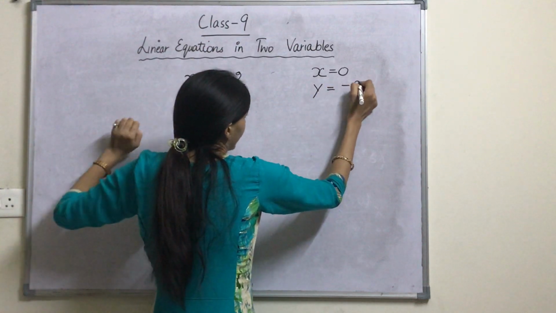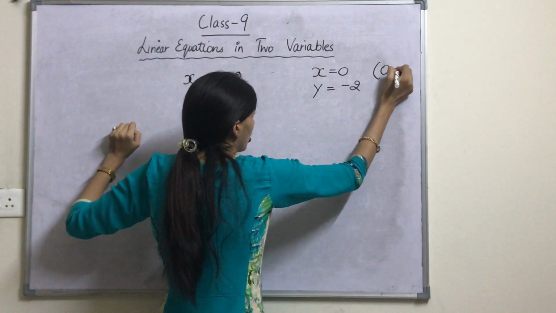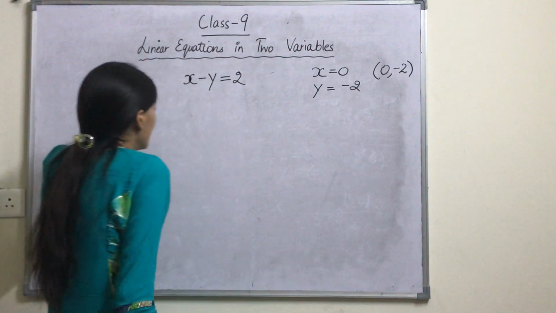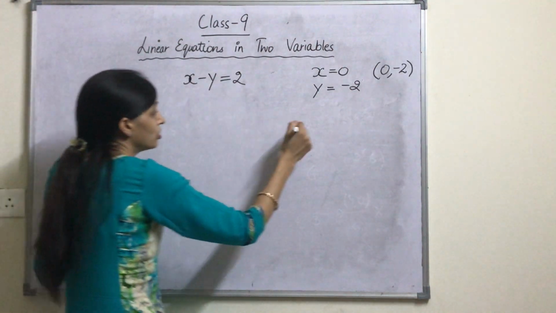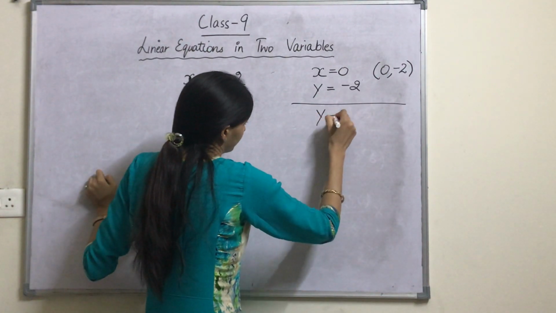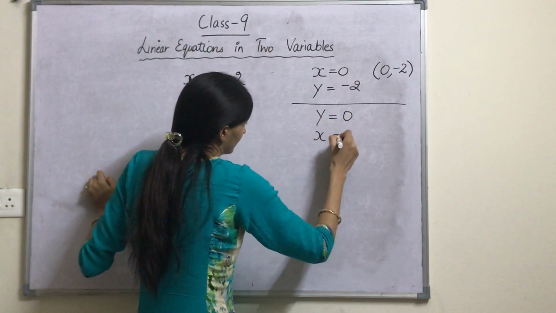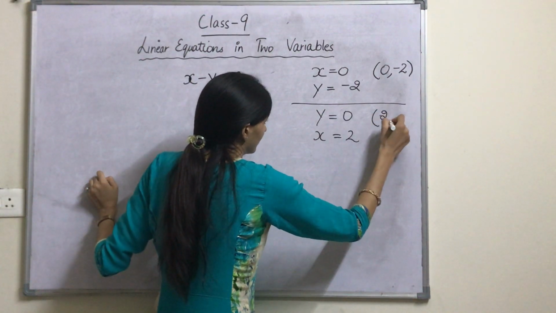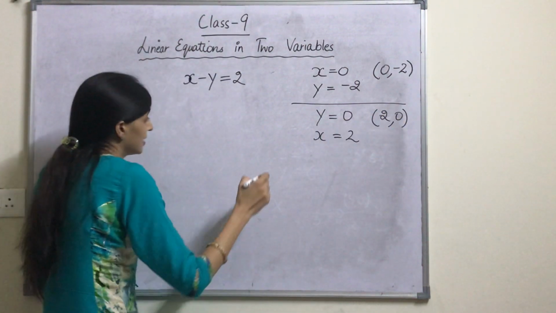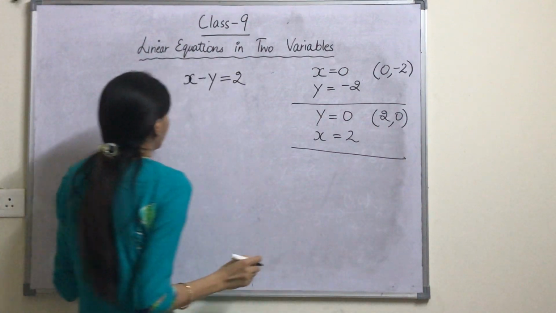Y is minus 2. This is your point. If y is 0, x is 2. This is your second point.